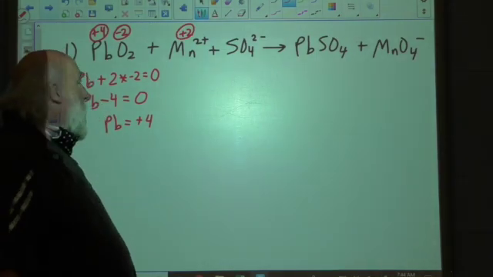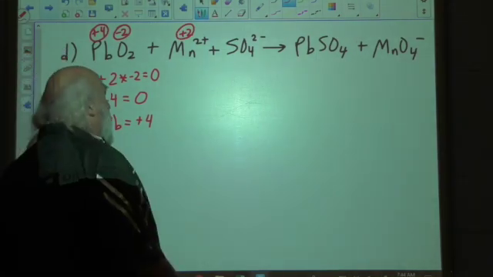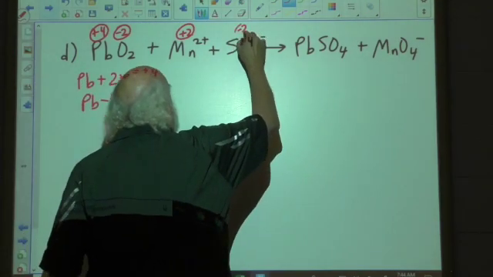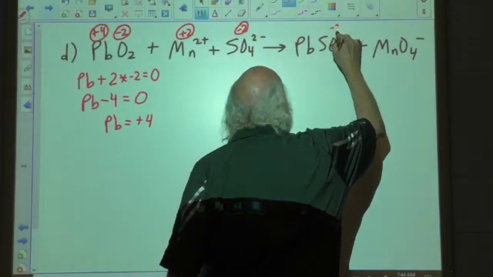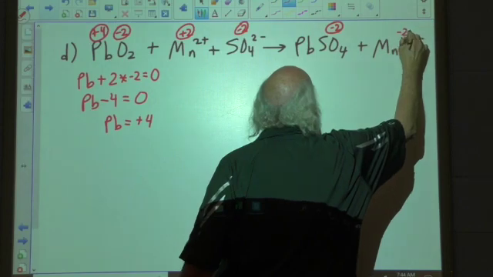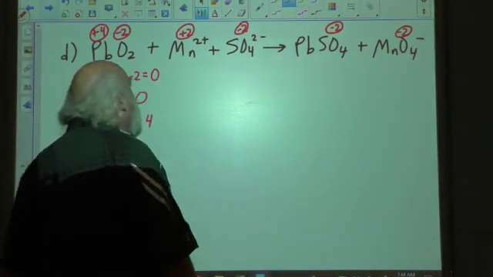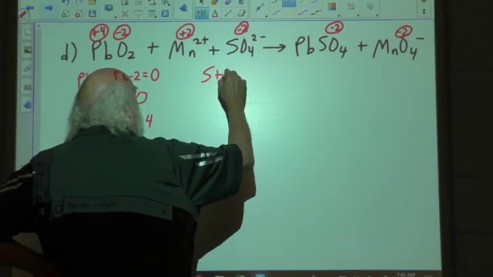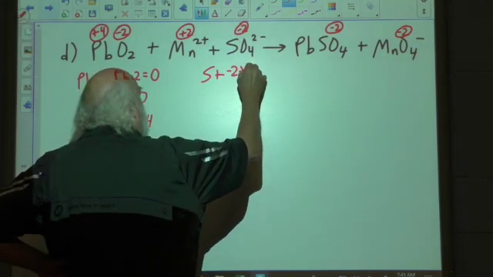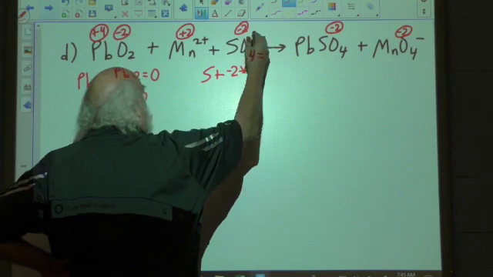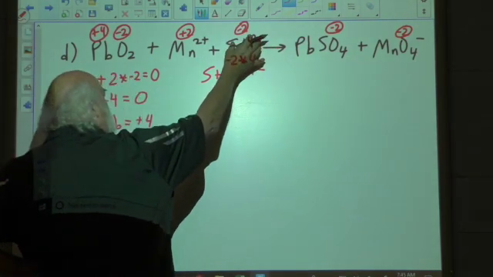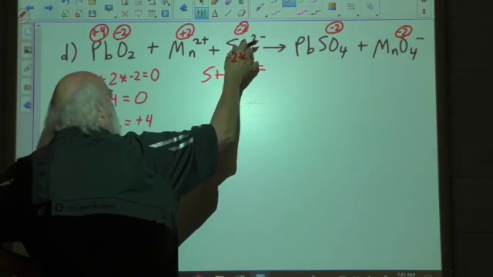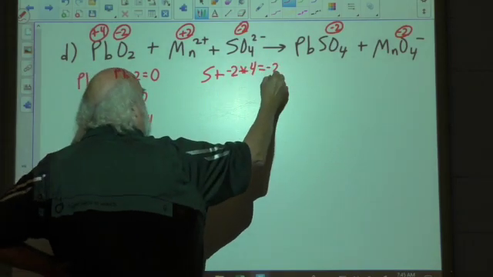Sulfate, SO4 2 negative. So that, and we know oxygen's -2. In fact, let's just go ahead and do what I did last time. Put -2 above every oxygen, so I don't have to go through that repetition. So this one here means sulfur plus -2 times 4 equals, and then the overall charge of this ion is -2. So the oxidation numbers have to add up to -2.